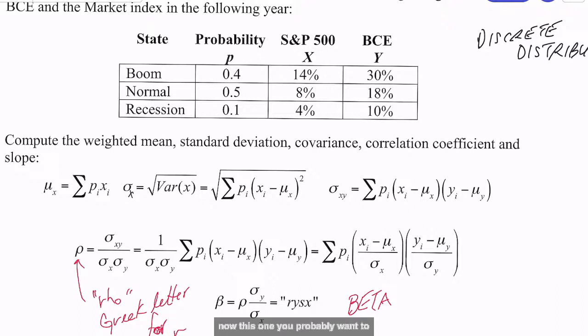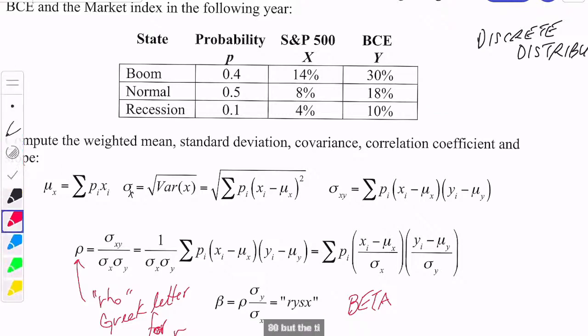Now this one, you probably want to use your Excel. If you have an HP calculator, this is done in HP. I don't know about the TI-80, but the TI 10B2 Plus does not do this weighted calculation.